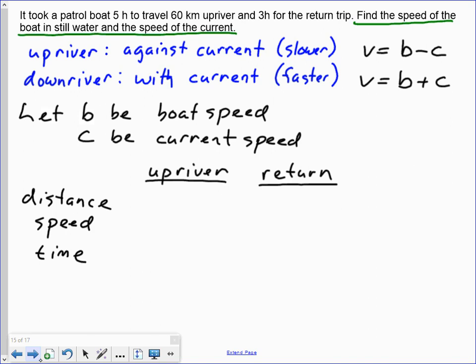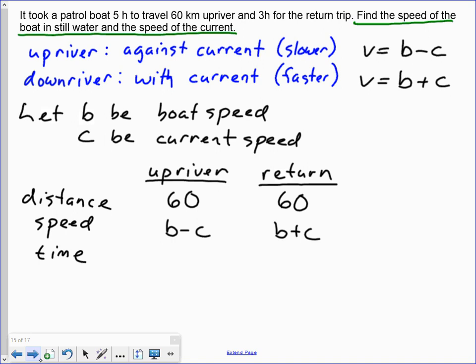So again, we always have these two parts that we can divide our trip in. All right, our distance. Traveling upriver, we travel 60 kilometers. The return trip has got to be the same distance, 60 kilometers. Our speed, if we're going upriver, we're going against the current, we're going slower, so our speed is going to be B minus C. On the return trip, B plus C, because we're speeding up.